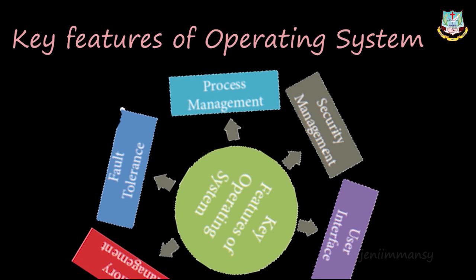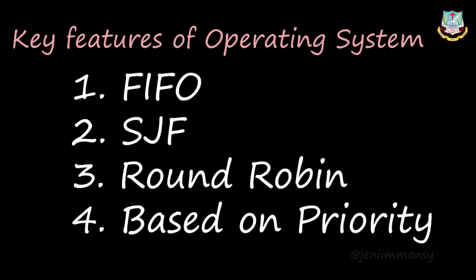The following algorithms are mainly used to allocate the job, to find out which process has to be done first or at which speed it has to be done. All this is based on these algorithms only: FIFO, SJF, round robin, and priority based. FIFO means first in, first out. Let's consider students standing in a queue, right?